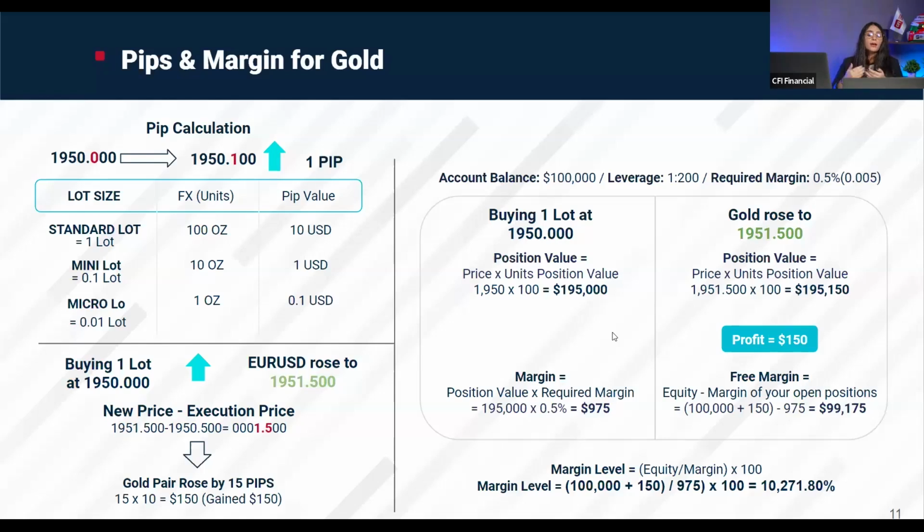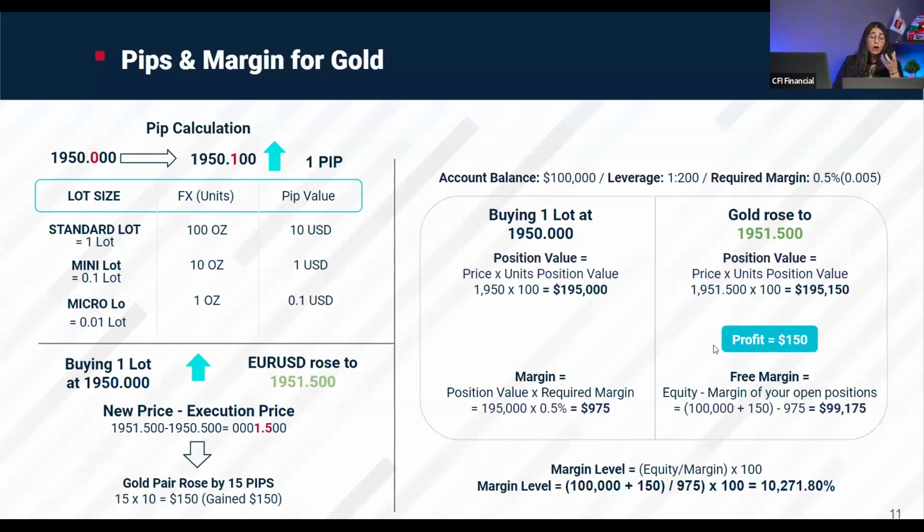You subtract them and you will approximately get how much you would win. So the new position value: my price is 1,951.500, multiplied by 100, it's 195,150. I subtracted from the position value of the price that I entered, so I'll gain a profit of $150.